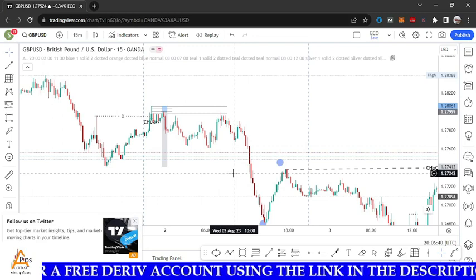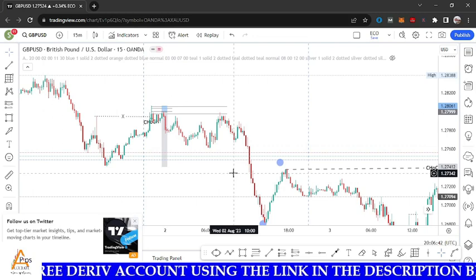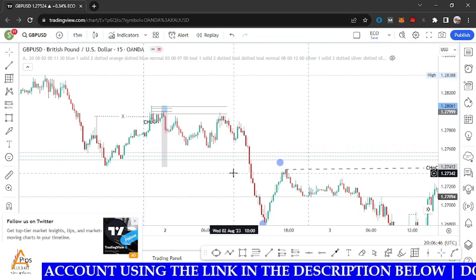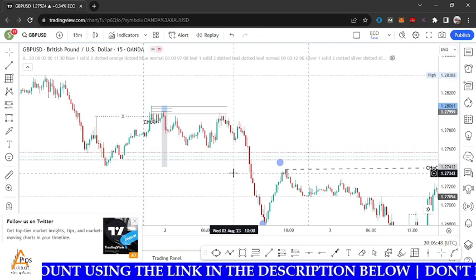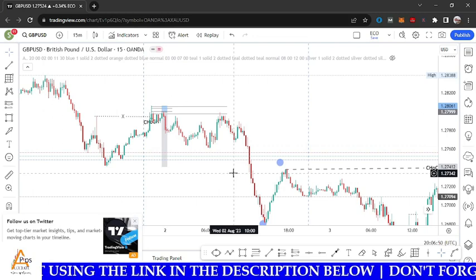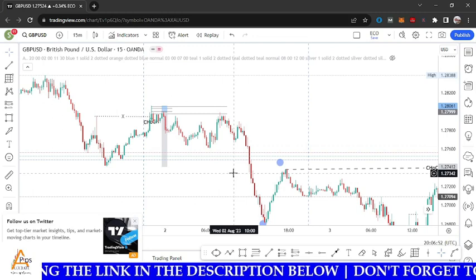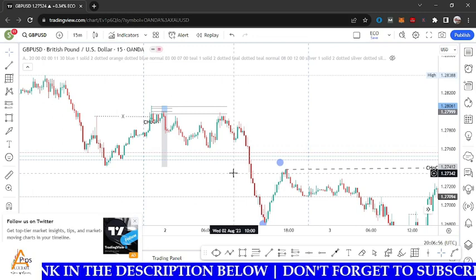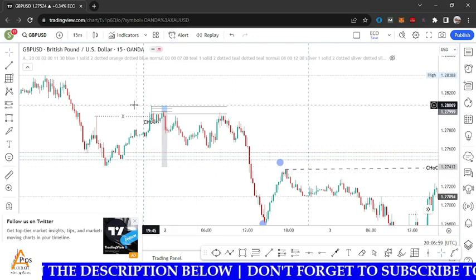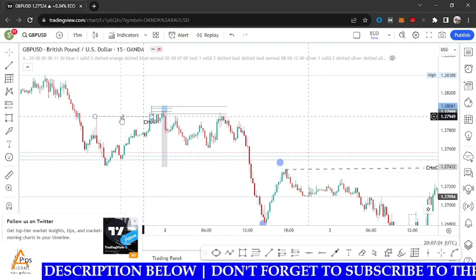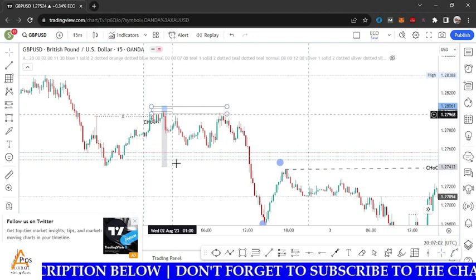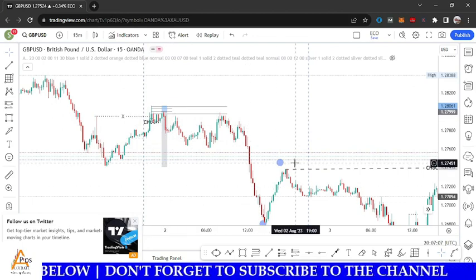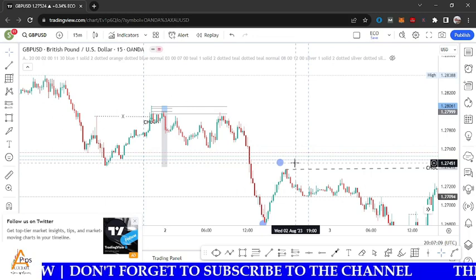And I also told you that the IFC candles are the ones that just sweep the high or the low of those reversal points, and then their body closes below where the high or the low is. So here you can see the body closes below this. That is why we make that trade decision. It only swept it and closed below it.